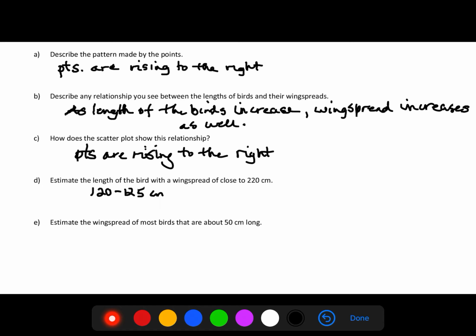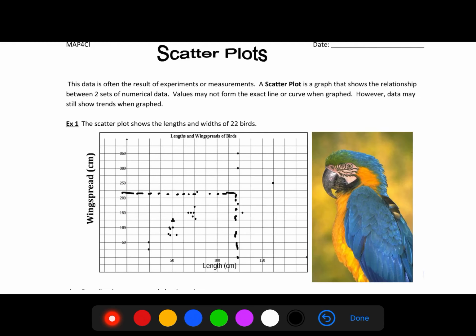We notice that our blocks are 25 every 2 blocks, 25 centimeters. So we can say that it's about 120 to 125 centimeters approximately. We don't know that that's exact. There's no formula that's going to tell us exactly, but we can still estimate.